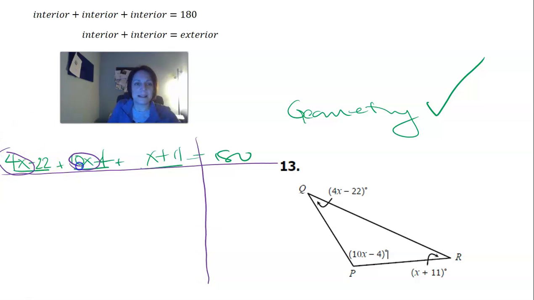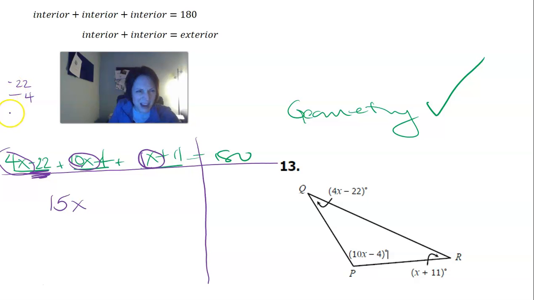A 4x, a 10x, and a 1x. 4 and 10 is 14 plus another one. I've got 15 x's over here. I have a negative 22. I have a, is that a minus 4? Can't even read my own dang handwriting. A minus 4 and a plus 11.